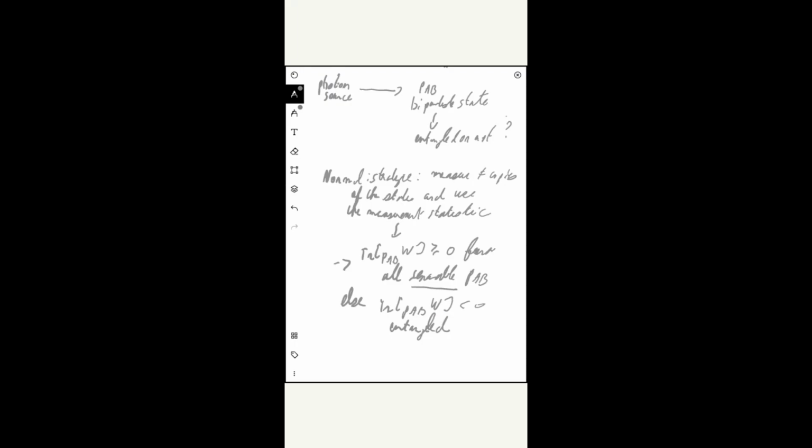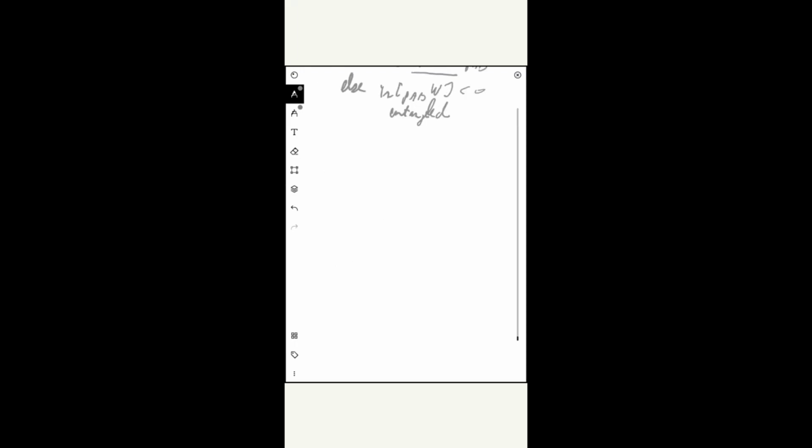So geometrically, we have the trace of rho AB W equal to C defining a hyperplane that separates the convex set of separable states from entangled states.